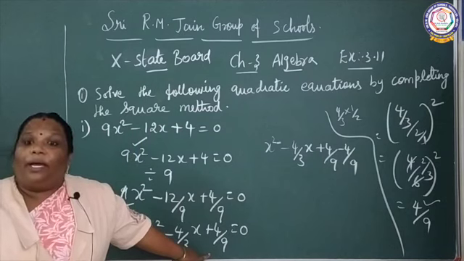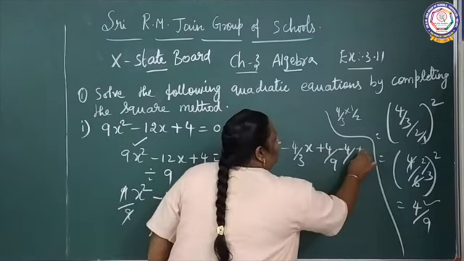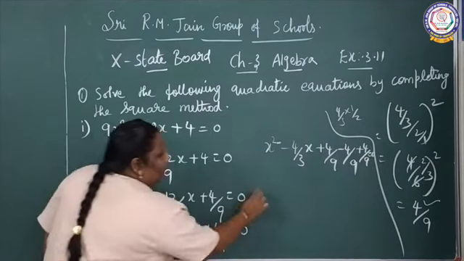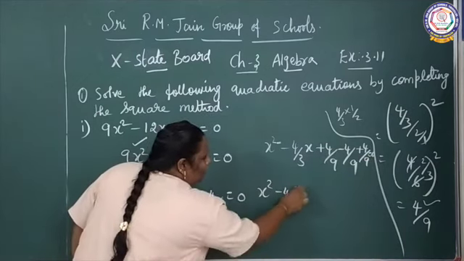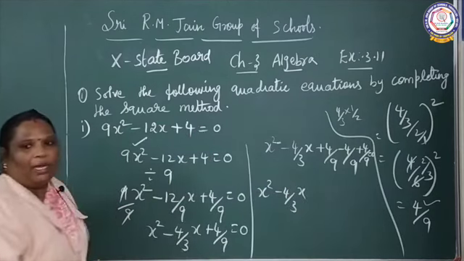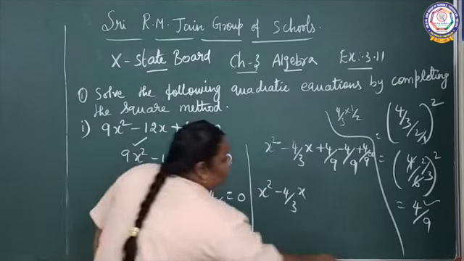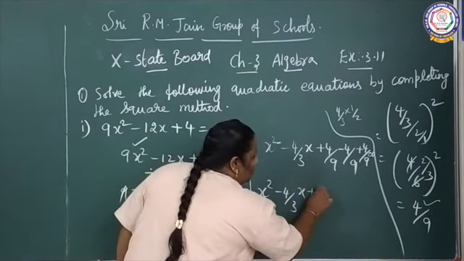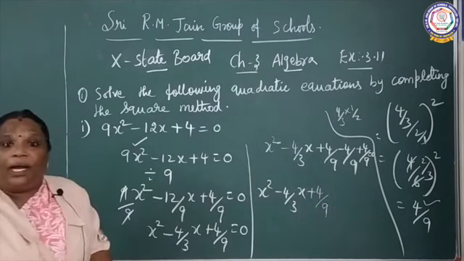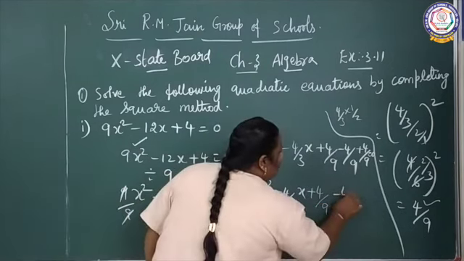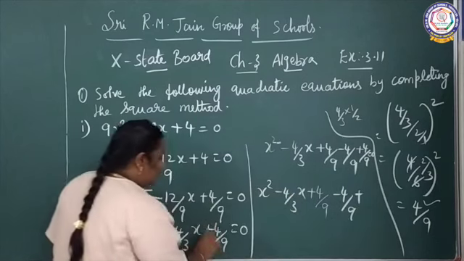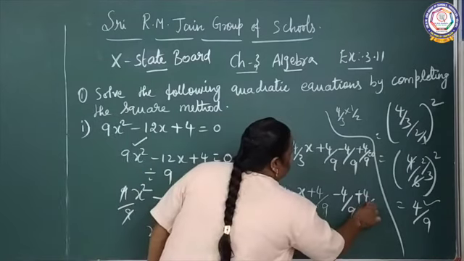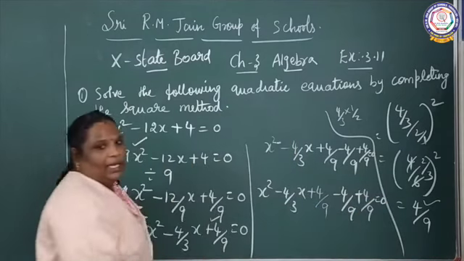Already plus 4 by 9 is there in the sum itself, equal to 0.